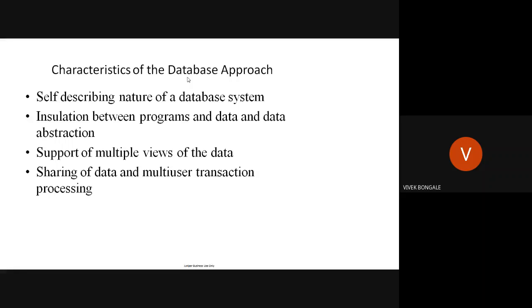If you want to find any piece of information in one particular file, we need to search in all the files. And if you change anything in a file, that change should be reflected in the other file also, otherwise the data will be inconsistent.